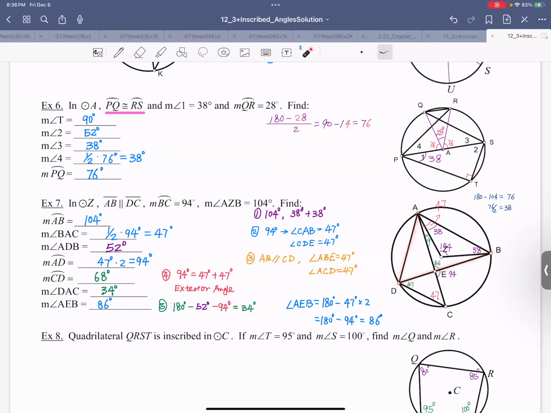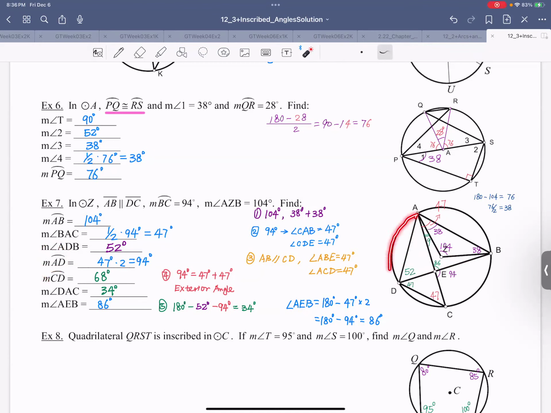Measurement of ADB. This guy is who? This guy is a half of this, right? Which is 52. This is 52. Write down. ADB is 52. Next.